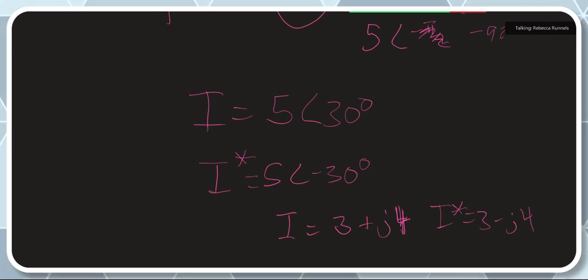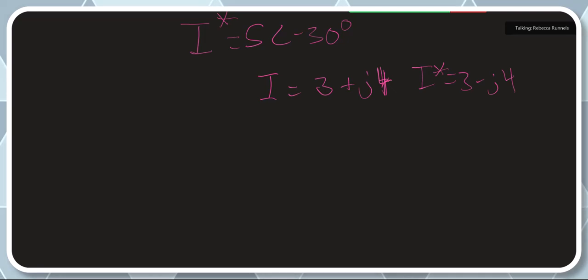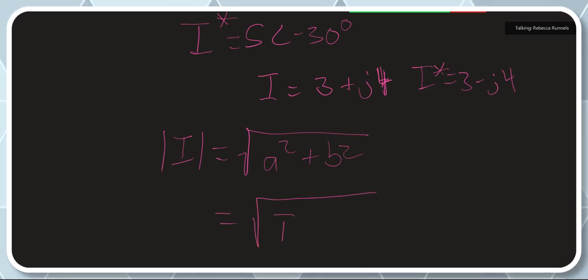And as long as we're talking about magnitudes, we know that the magnitude of I is the square root of a squared plus b squared. Well, that also equals the square root of I times I conjugate. That's actually the definition of magnitude: the complex number times its conjugate, and then you take the square root.